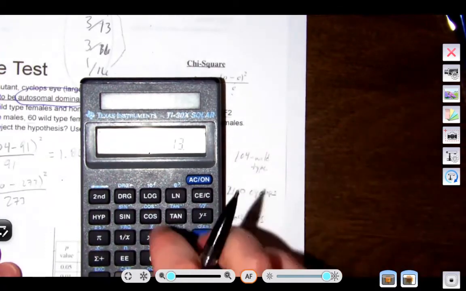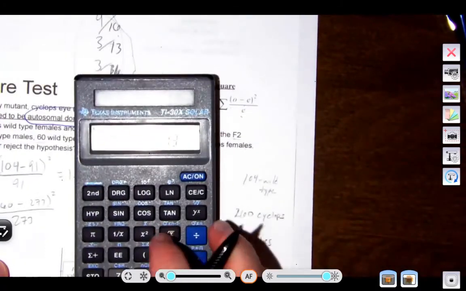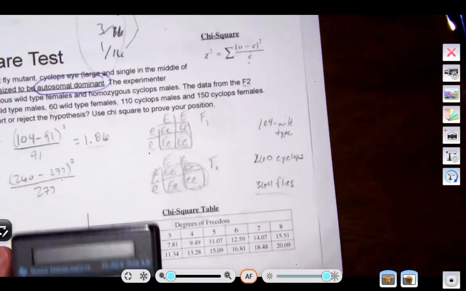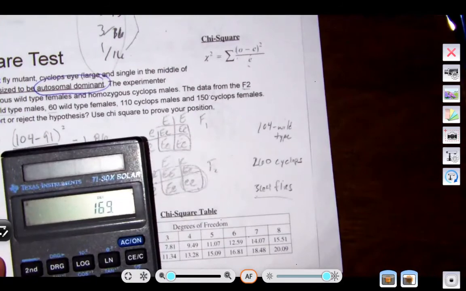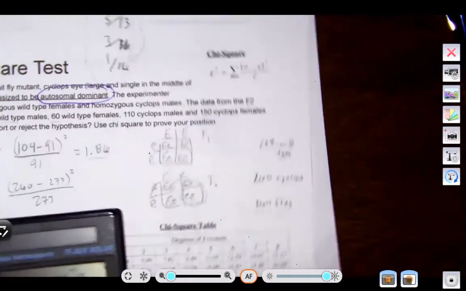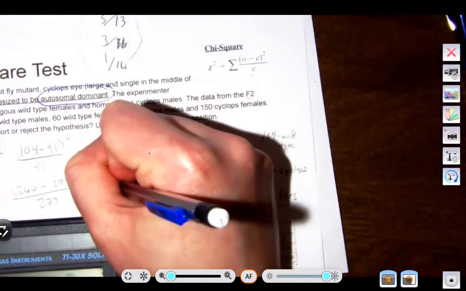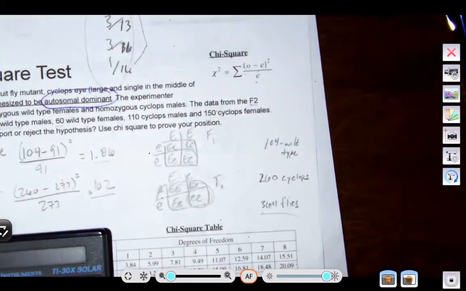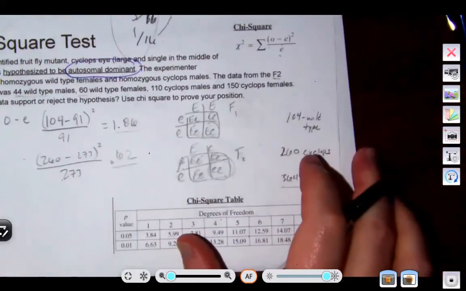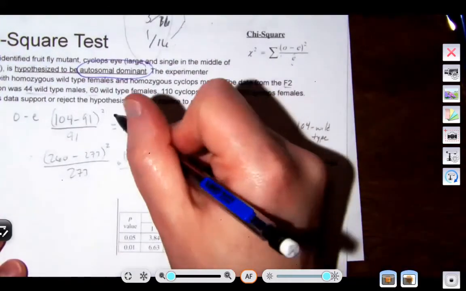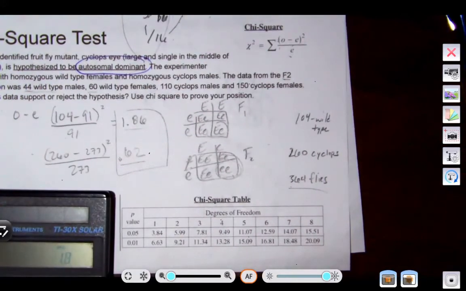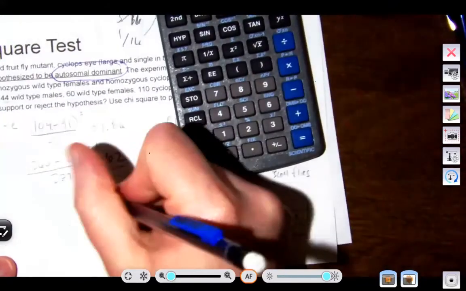Doesn't matter, it's going to get squared. I end up with 169 divided by 273, which is 0.62, I round it. And then what I'm going to do is this is going to give me my chi-squared number, which is 1.86 plus 0.62, which is 2.48.